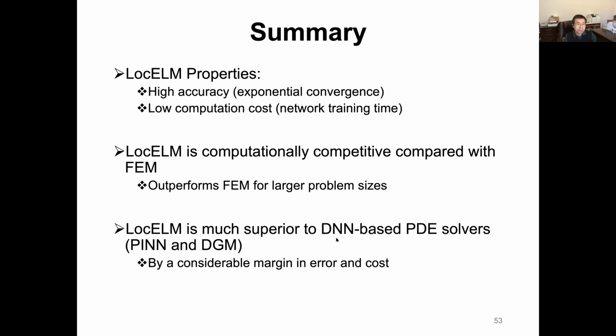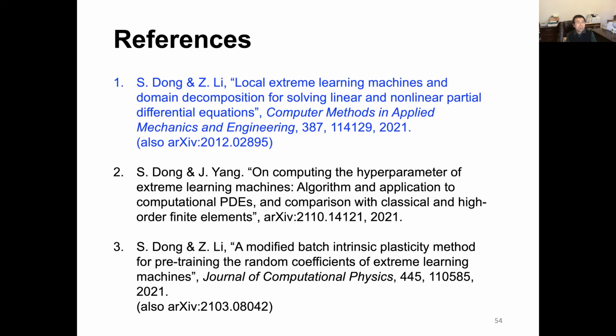It seems like this is superior to the DNN based PDE solvers. The content of this talk is mainly based on this paper, which appeared in CMAME. There's another recent manuscript, with improved ELM.